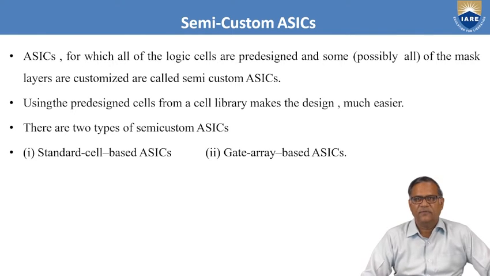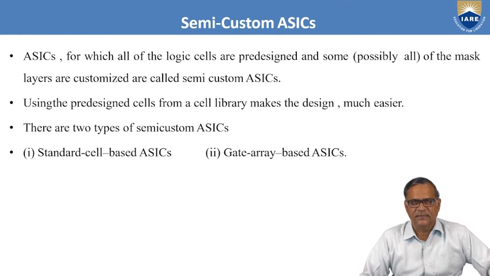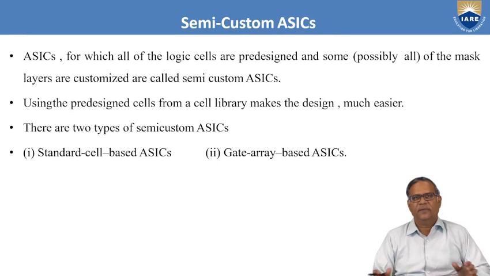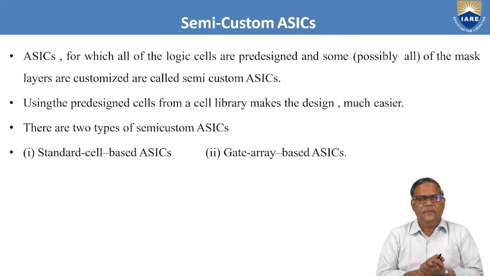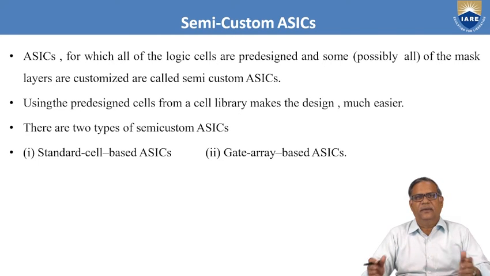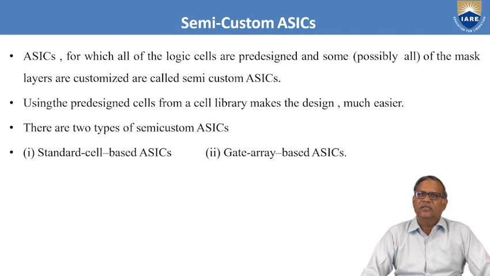ASICs for which all the logic cells are pre-designed and some of the mask layers are customized are called semi-custom ASICs. This is another category of application-specific integrated circuits. Here, the cell libraries are pre-designed, but the interconnections between the cells are done by the customer as per the specific product specifications and layout.